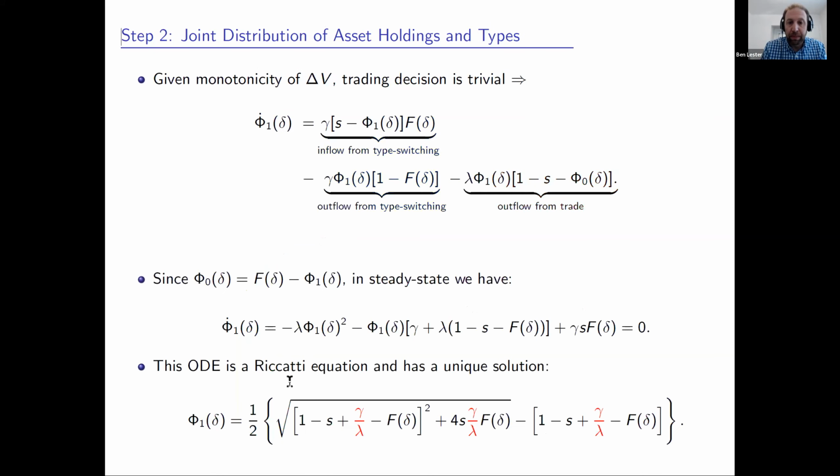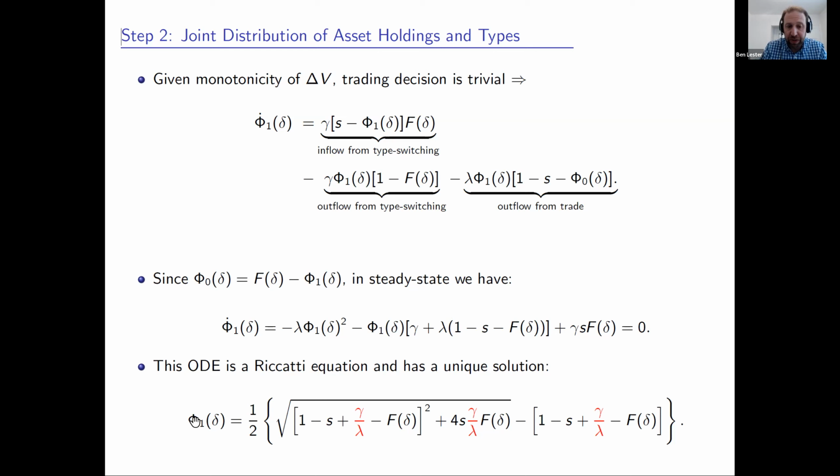So basically what we have here, we set this equal to 0 because we're looking for a steady state equilibrium. And we go back to this aggregate consistency requirement that the sum of phi0 and phi1 has to equal f of delta at every instant. You plug this in, and you get this very simple ordinary differential equation. It's called a Riccati equation, and it has a unique solution.